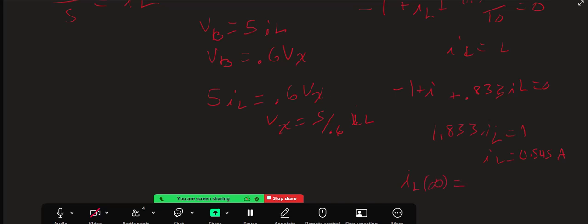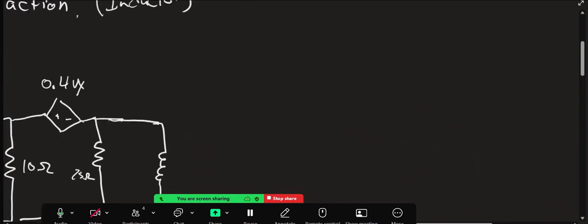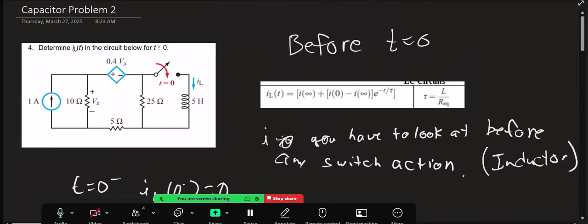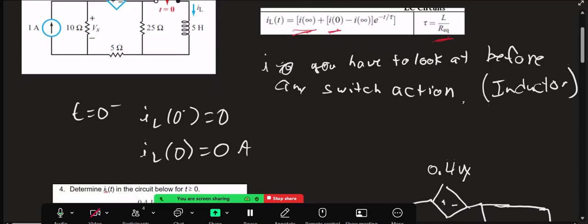Okay, so all of that gave us 5.545 amps equals I at infinity. What else do we need to know in order to write the equation for the current at any time t? We know I at infinity now. We know I at 0. Oh, we need to do the tau. What do we need to get for tau?